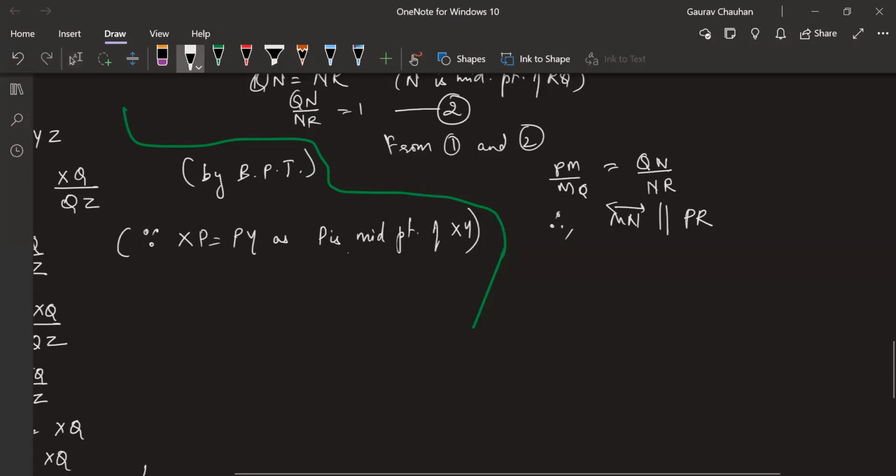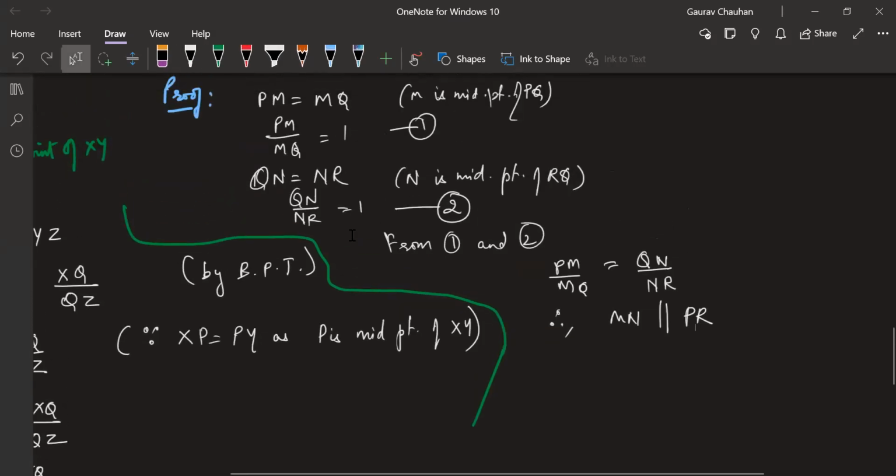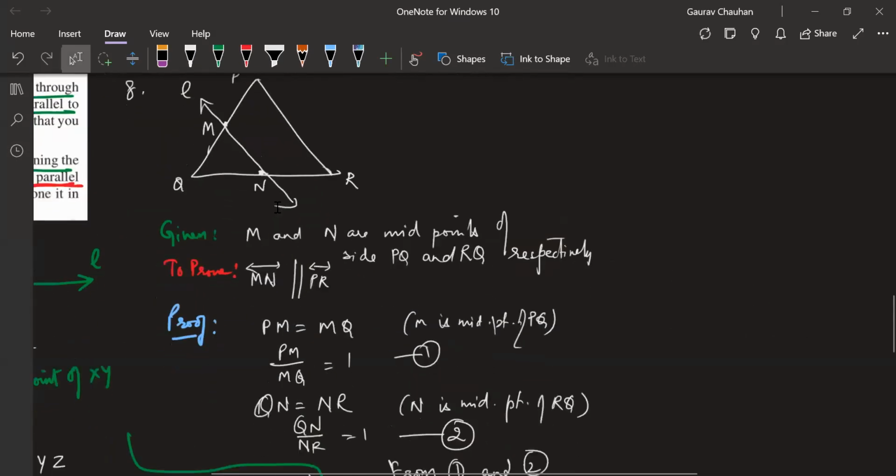You can use the line symbol, or skip it. Therefore, MN is parallel to PR. Reason is converse of basic proportionality theorem. Please write full forms, not BPT.